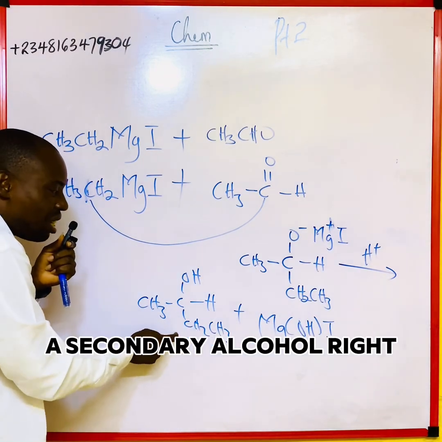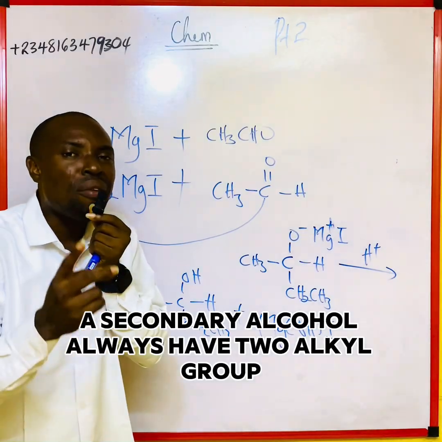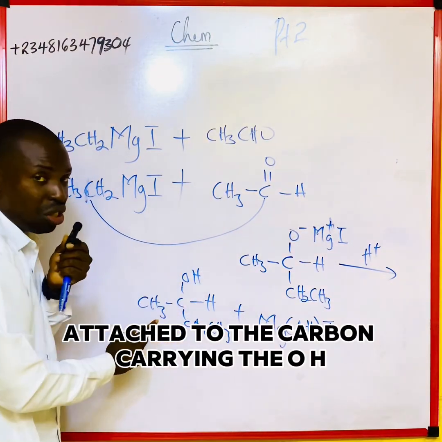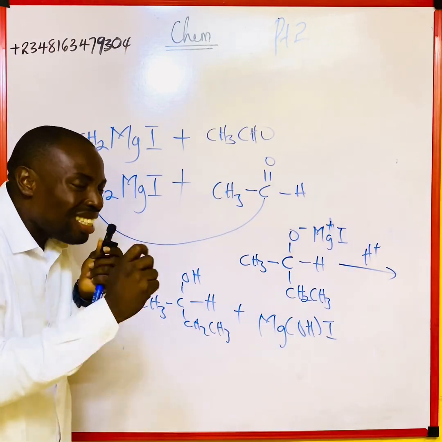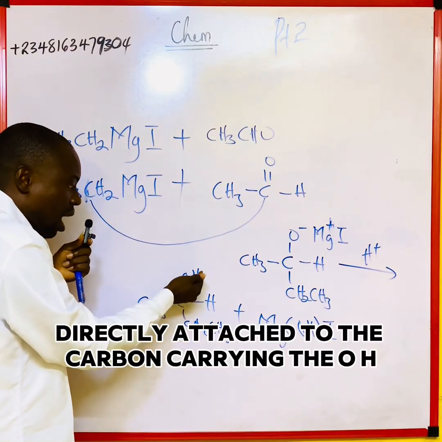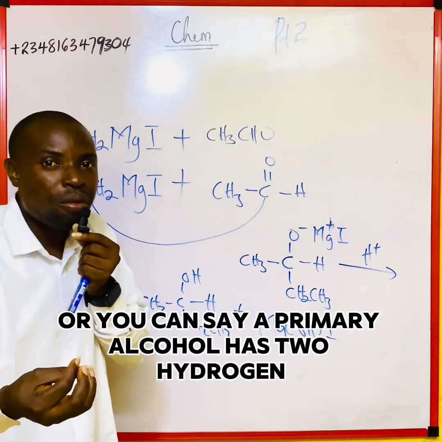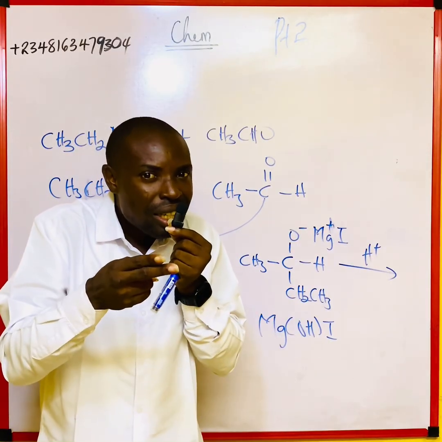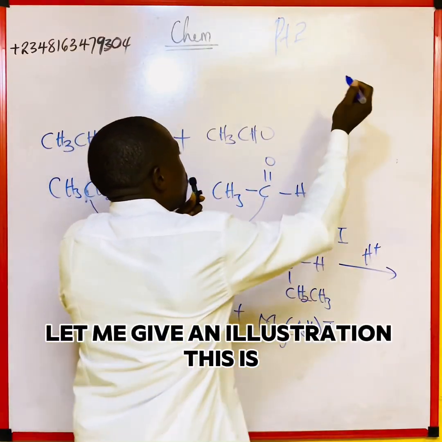A secondary alcohol always has two alkyl groups attached to the carbon carrying the OH. A primary alcohol always has one alkyl group directly attached to the carbon carrying the OH, or you can say a primary alcohol has two hydrogens left on the carbon carrying the OH. Let me give an illustration.